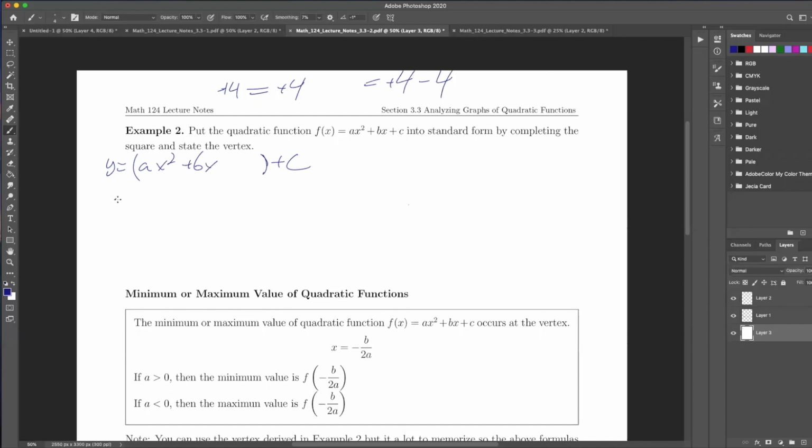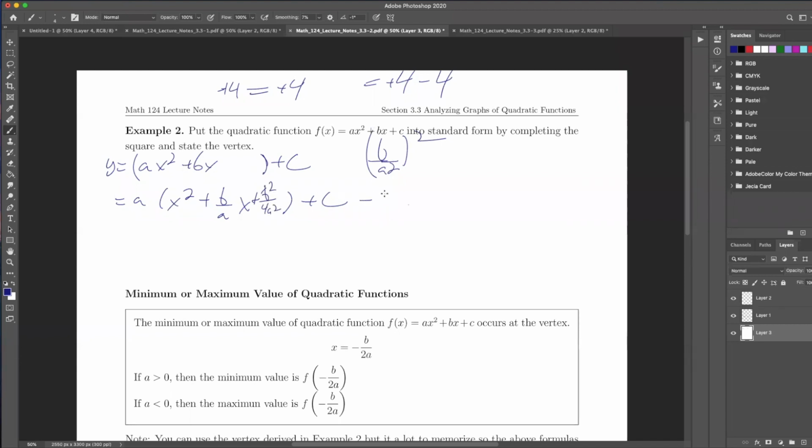So if I was going to solve this, it would be a times x squared plus b over a x, plus c. And this is now technically the b term, so it'll be b over a divided by 2, and I can square it. So what that is is b squared over 4a squared.